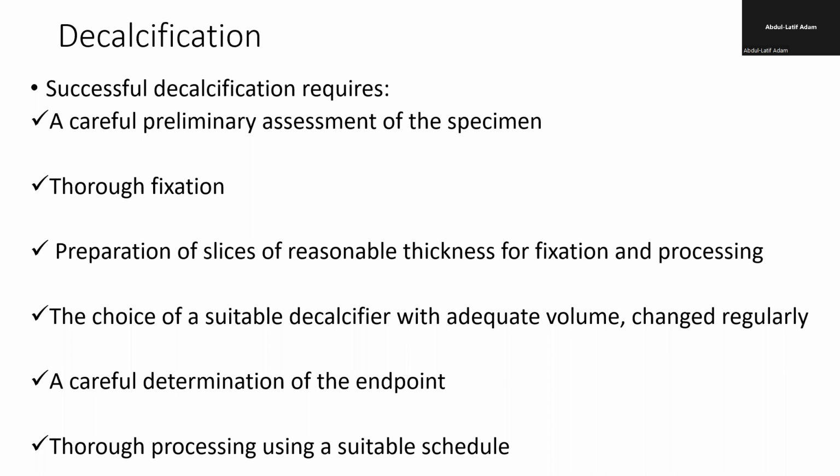And then you should cut it in thin slices so that the process fluid can enter well. Then you should have an adequate volume of the decalcifier. You shouldn't let the tissue hang in the chemical. It has to be immersed in the chemical completely. And then with time you have to check it.